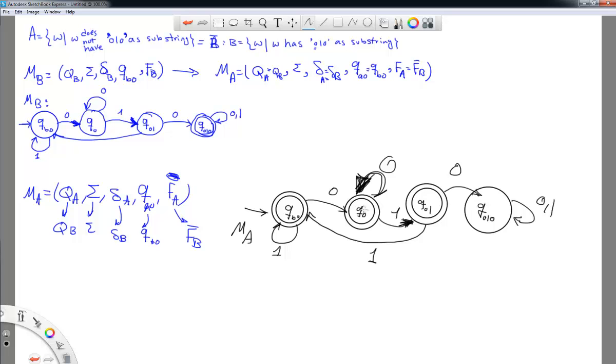So this is basically the idea here. If you have a finite automaton for a language, then to create the automaton for its complement language, all you need to do is keep everything the same, except that you make all the reject states of the original machine into accept states, and make the accept states reject states, just like what I did here.